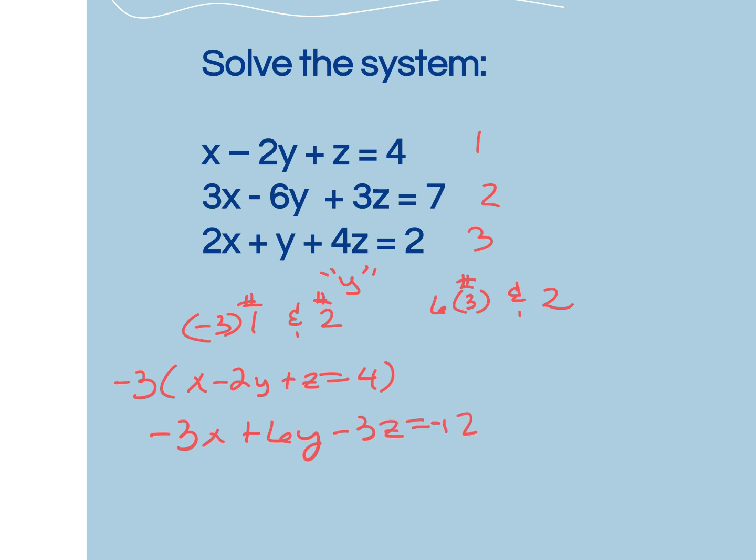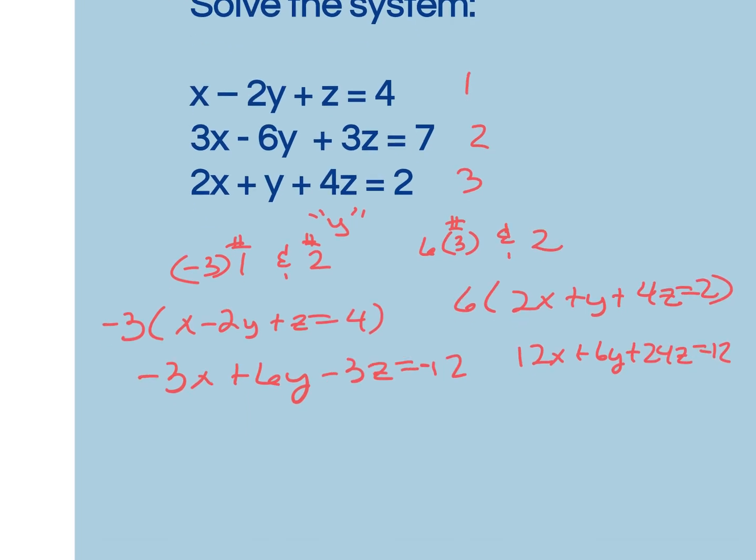And then over here, I'm going to distribute a 6 to equation number 3. I get 12x plus 6y plus 24z equals 12.